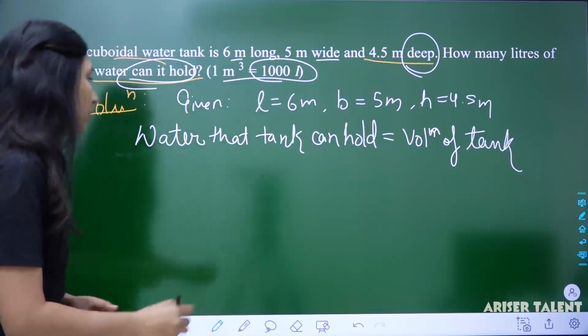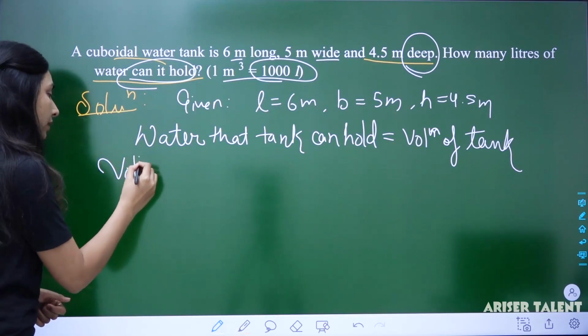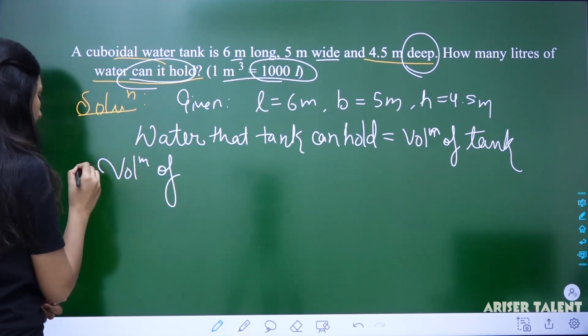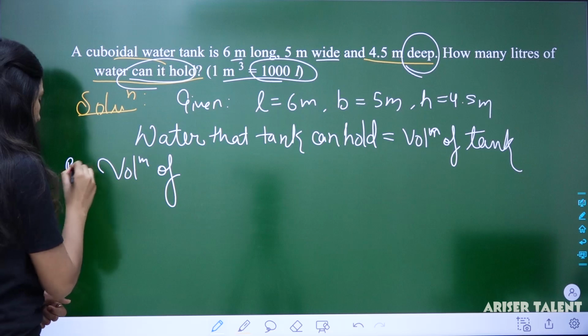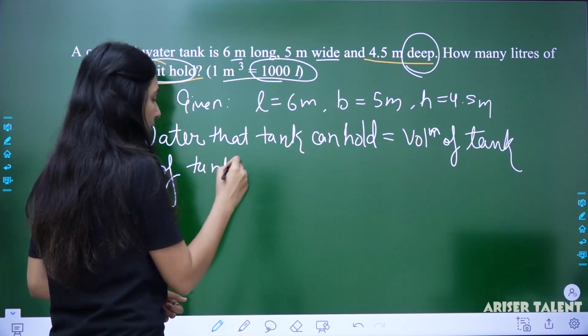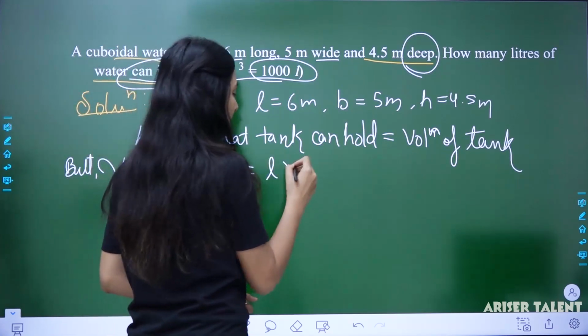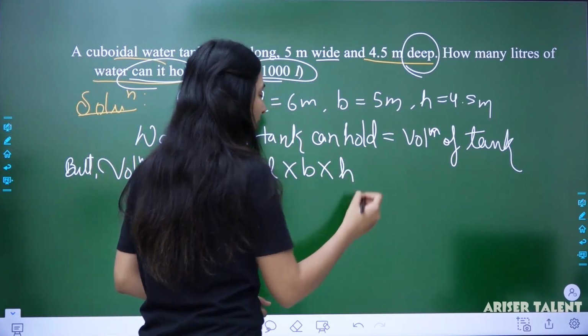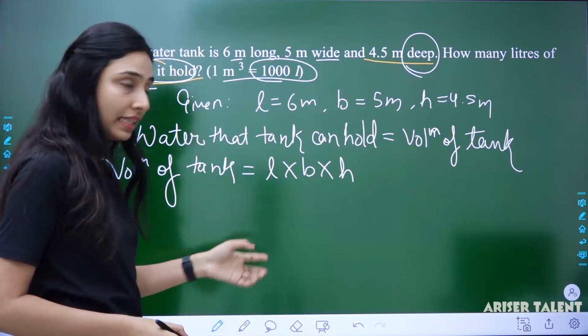Now what is the volume of the tank? The volume of the tank is equal to L multiplied by B multiplied by H, because the volume of the cuboid is something like that.